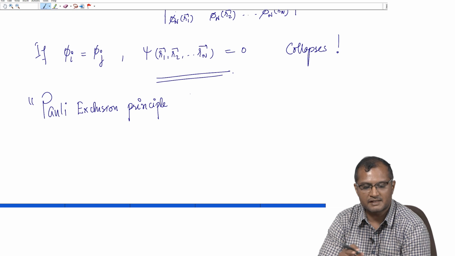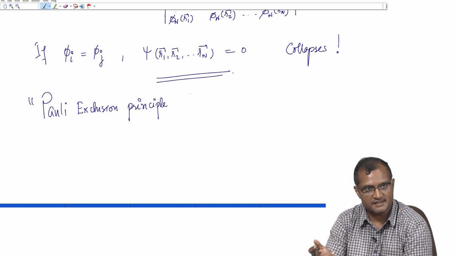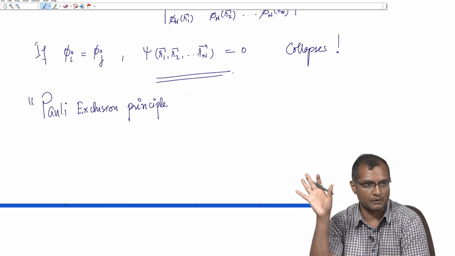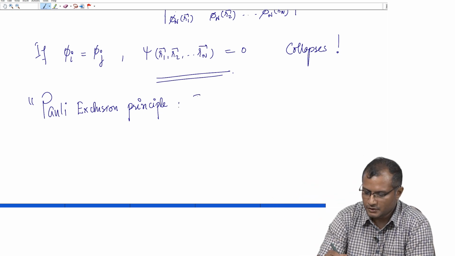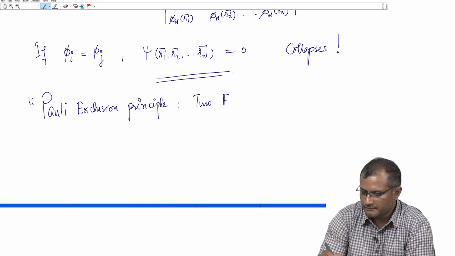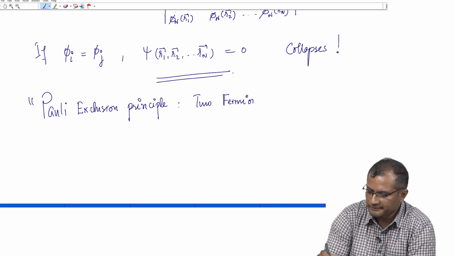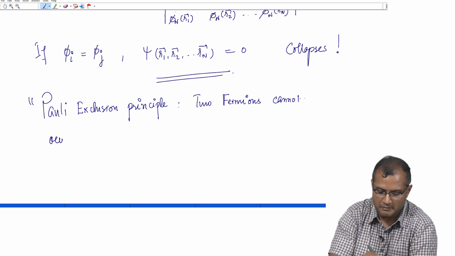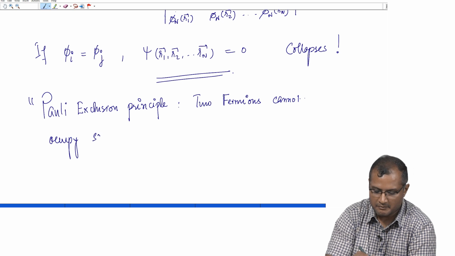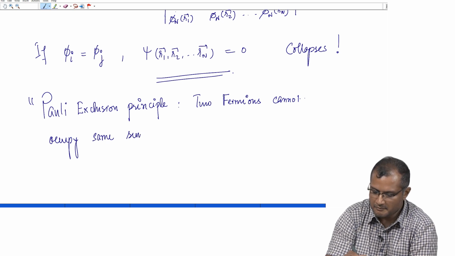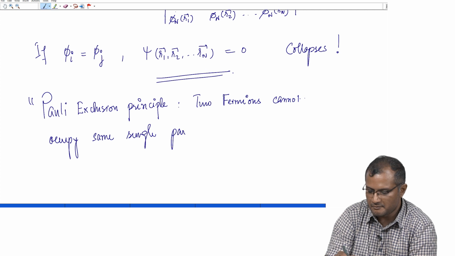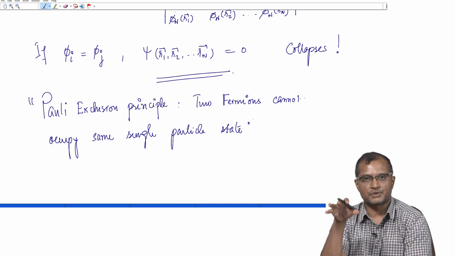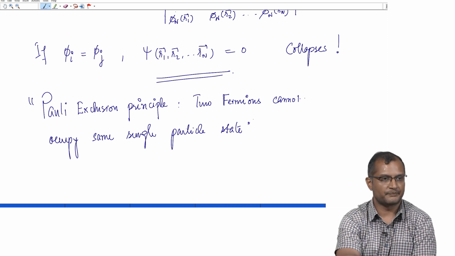So, if two single particle states i and j, phi i and phi j, become the same, then the entire wave function of the system will collapse, and that microstate has 0 weight in your macrostate. Okay. Two fermions cannot occupy the same single particle state, because that would simply make two rows of my Slater determinant identical.